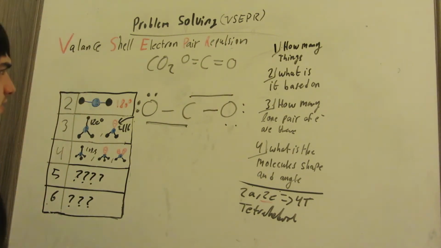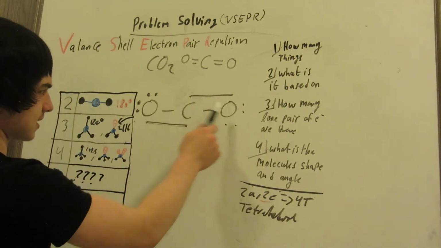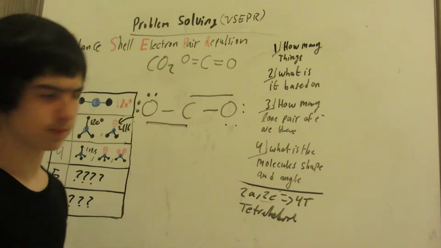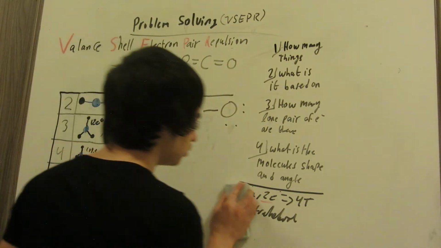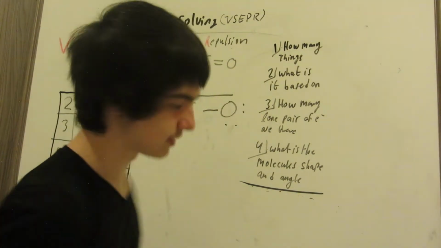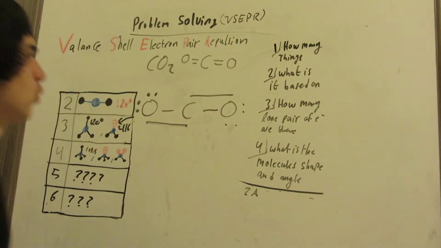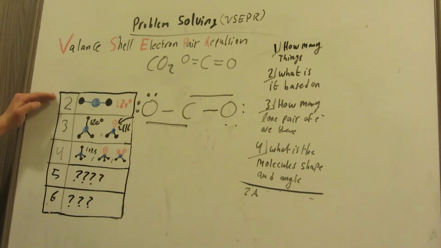Alright. So let's start. How many things are there? 1 atom, 2 atoms. Central atom, any lone pairs of electrons? No, there are none. So we have 2 things, and there are 2 atoms. Great. Next thing, what is it based on? We said it has 2 things, so we go to the family of 2.